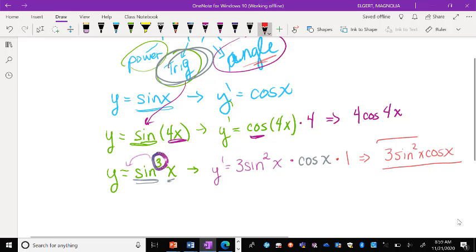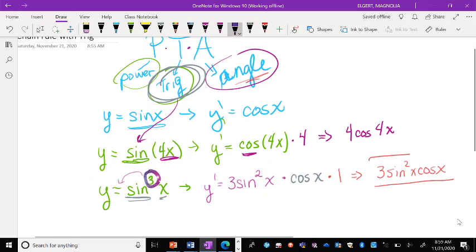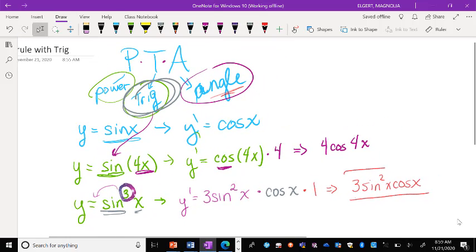So when we're doing this PTA, I'm going to write kind of a complex one up here and just try to show you each part. So let's say it's the sine cubed of 5x. So when I say power trig angle, the power is this, the 3.